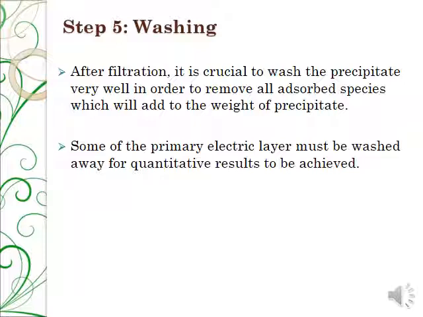Step 5 is washing. After the precipitate has been formed, it undergoes filtration. After filtration, it is crucial to wash the precipitate, especially to remove adsorbed species like surface adsorption impurities. These will add unnecessary weight to the precipitate.